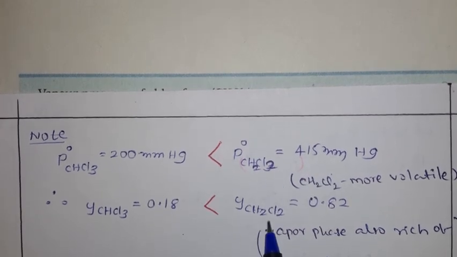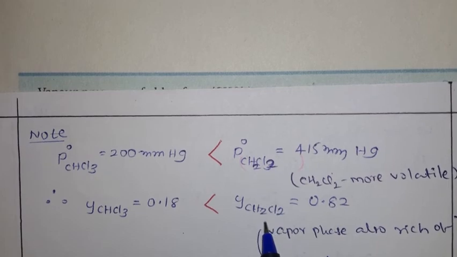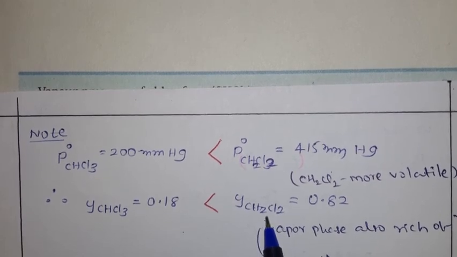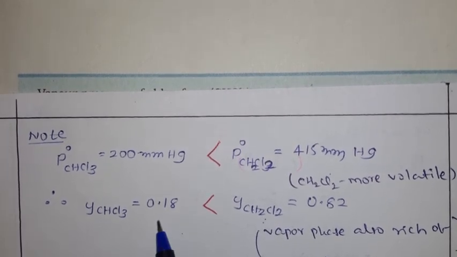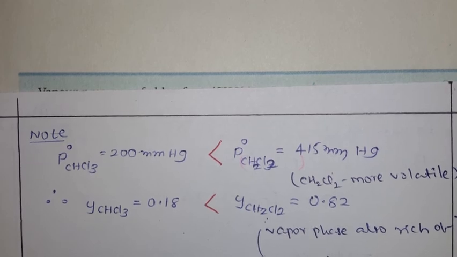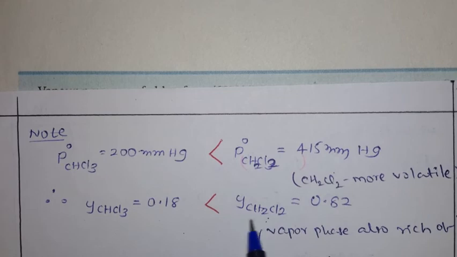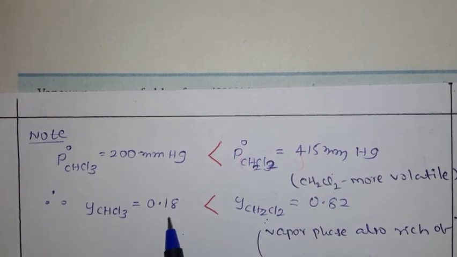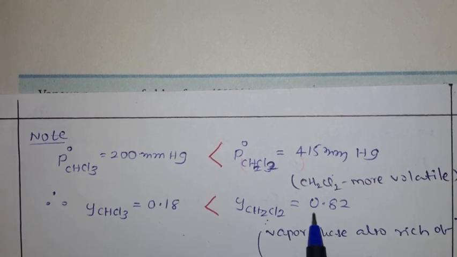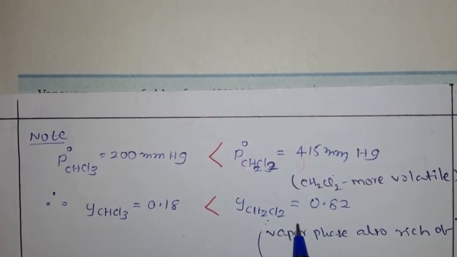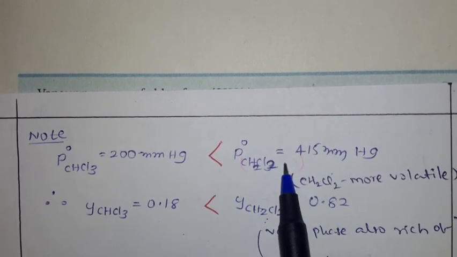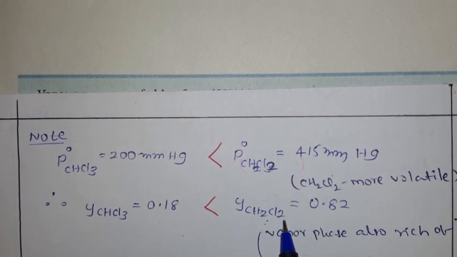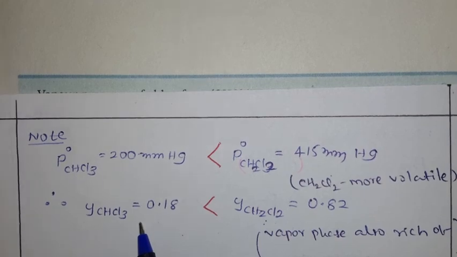So definitely, in the vapor composition also, the dichloromethane mole fraction should be more than that of the chloroform. If you see the values here, the mole fraction of dichloromethane is 0.82, and for chloroform only 0.18. So definitely, because it is going to get more vaporized, you should get a higher mole fraction value for dichloromethane than for chloroform. Okay.